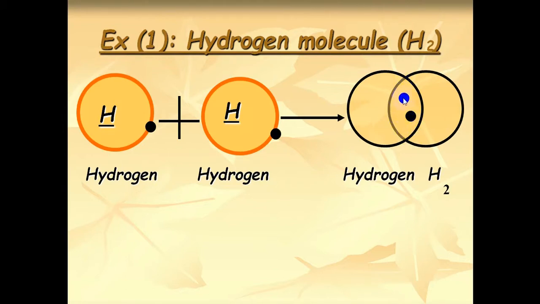One time these 2 electrons will orbit this nucleus, or this hydrogen atom, and one time the two electrons will also go to the other side. So in this case, the 2 atoms share the 2 electrons in the hydrogen molecule.